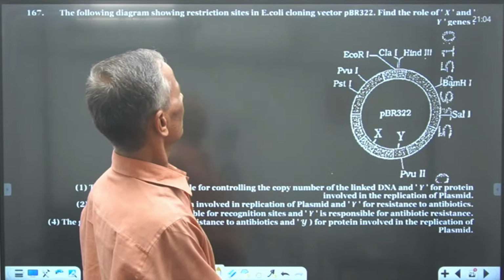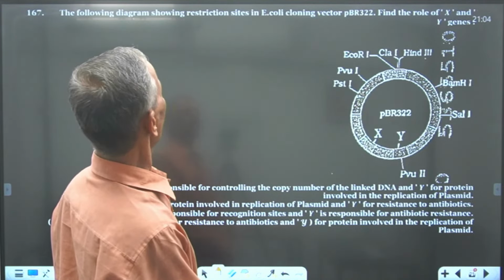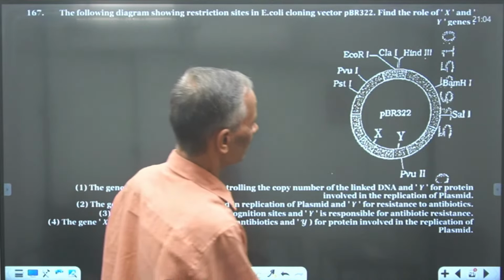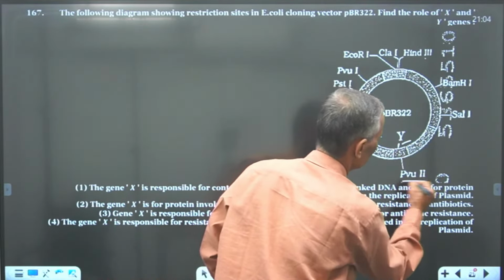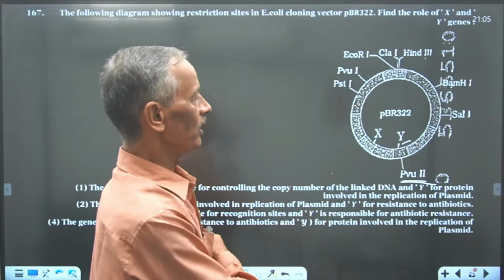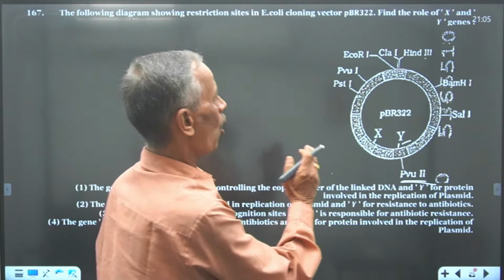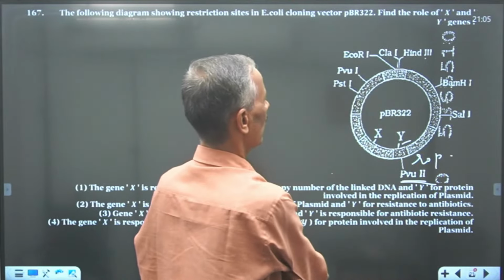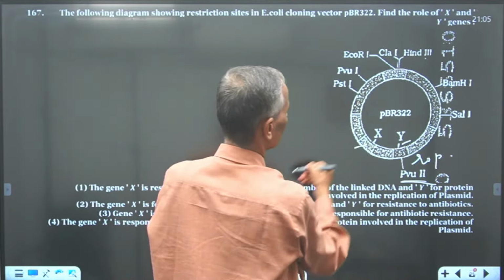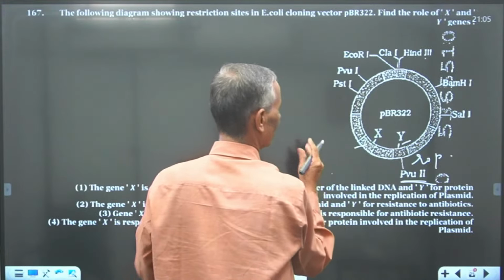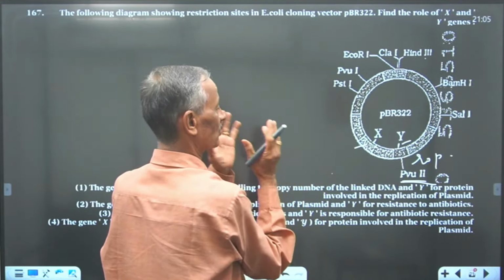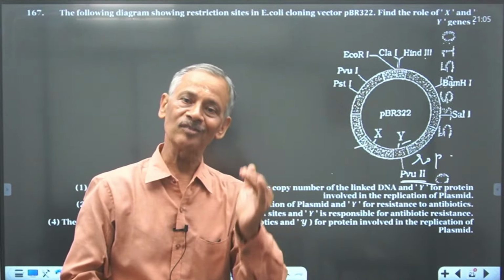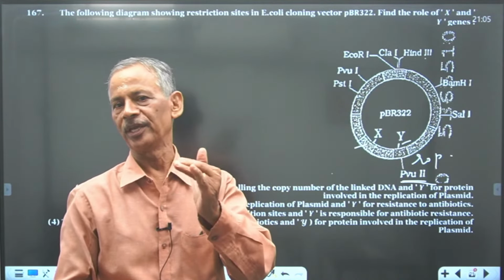Yes. This is the pBR322. Find the role of X and Y. See, this is the clue. PvuII is having a cutting site on that one. So it is rop. And X is then the part of the DNA which is responsible for initiation of replication, also responsible for the copy number.